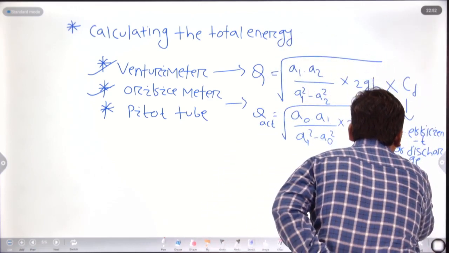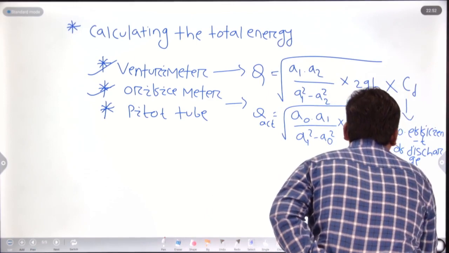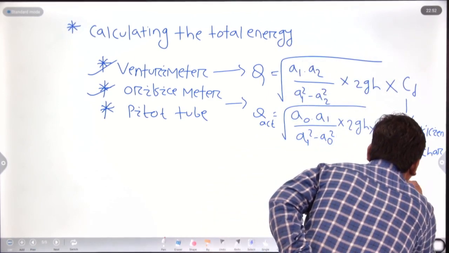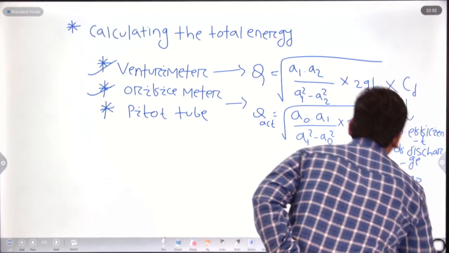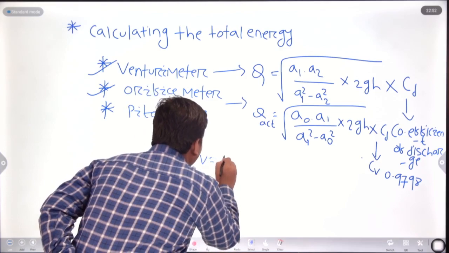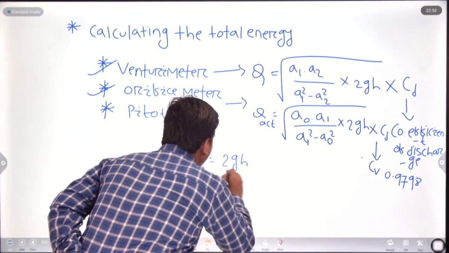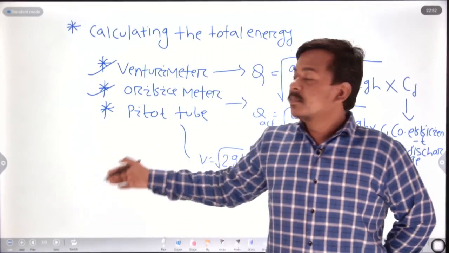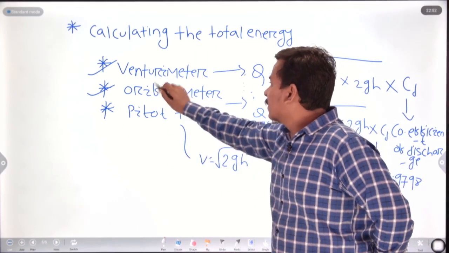For orifice meter, it becomes CV and its value is 0.9798. For pitot tube, V is equal to the square root of 2gh. These are the basic applications of Bernoulli's theorem.